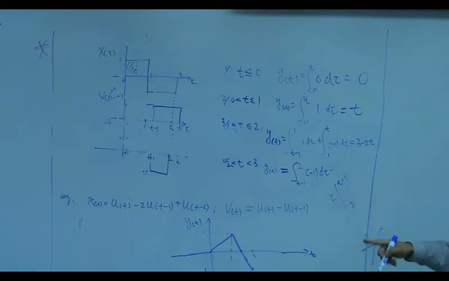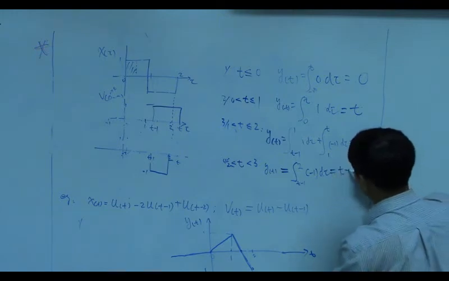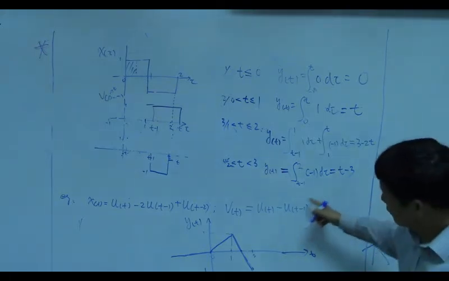So t minus 1, then minus 2. T minus 3. Yes? So this one equals t minus 3. Good? Okay. T minus 3, let's draw this.